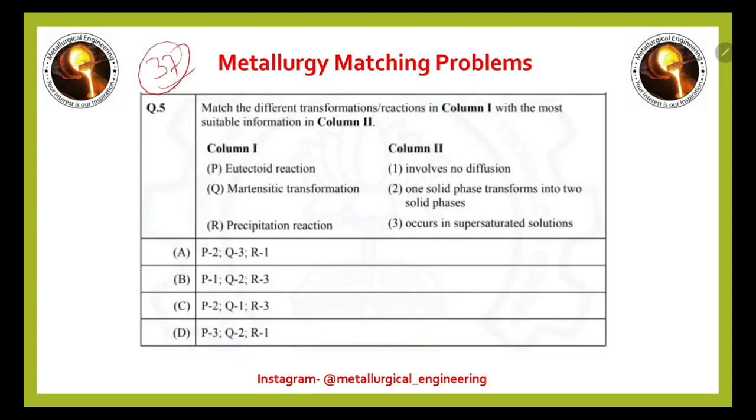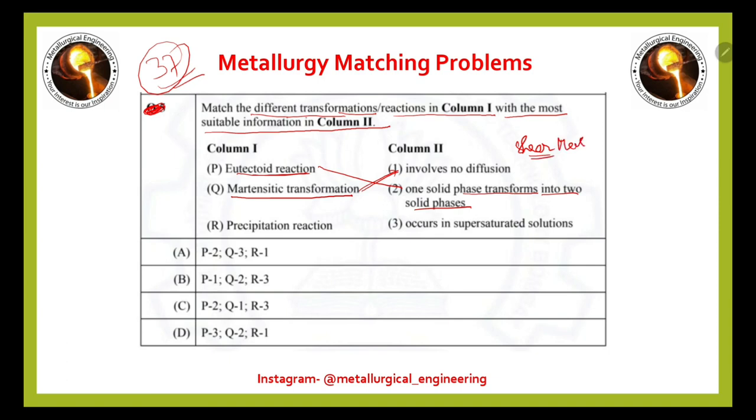This is the 37th problem. So in this, match the different transformations or reactions in column first with the most suitable information in column second. So the eutectoid reaction, one solid phase transformation into two solid phases, and martensitic transformation involves no diffusion, that is athermal or shear deformation.